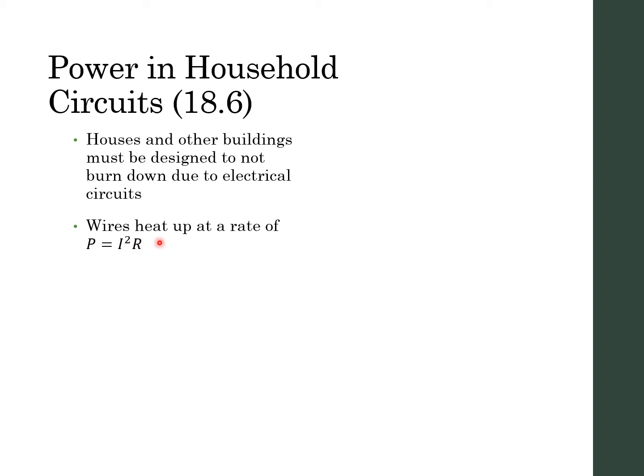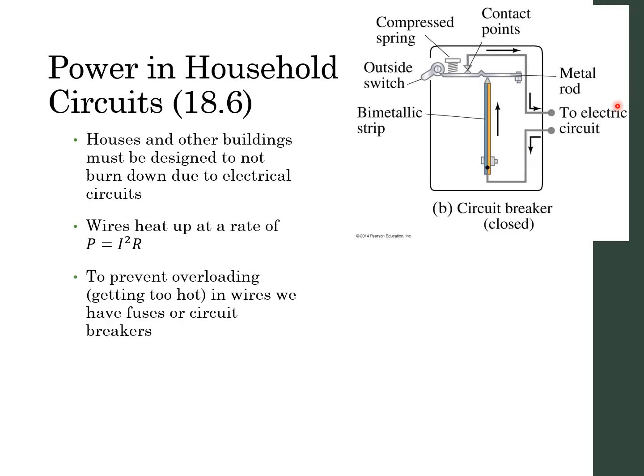And in general, house wires have a very particular resistance, you use a couple different types of wires, so the resistance isn't too hard to figure out. So we know the rate at which stuff heats up. And so to prevent overloading, so your wires getting too hot, houses or buildings have fuses or circuit breakers.